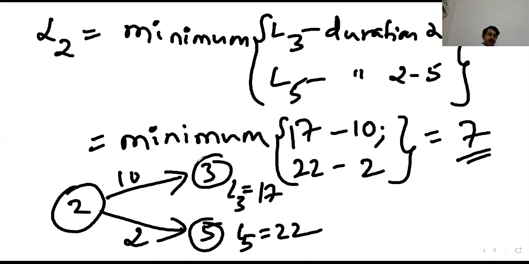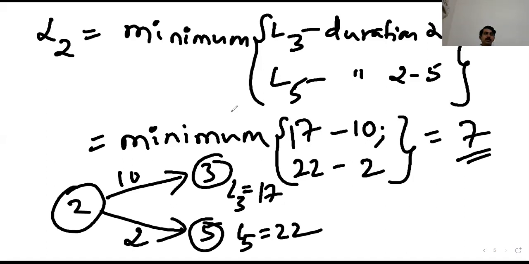So in that case, prepare 4 columns in a table. After the L1 calculation, prepare a table which has 4 columns. The first column should be activity.